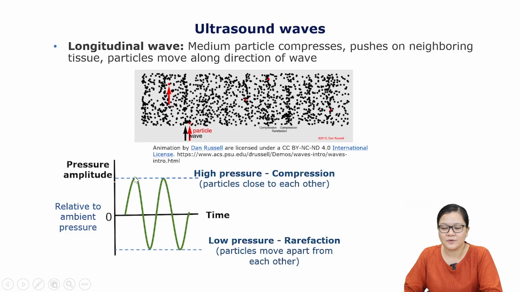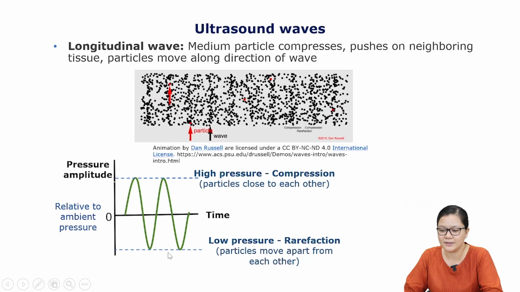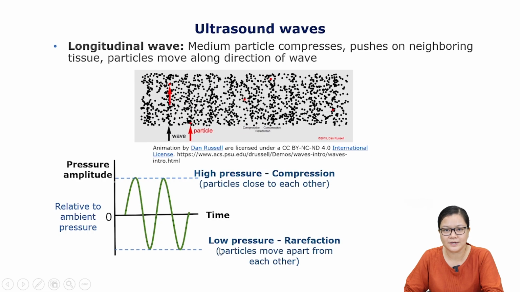So the amplitude of ultrasound is defined by its pressure right here. The regions where there is high pressure, where the particles are close to each other, again, are called compression. And the particles that move away from each other, in terms of low pressure, is called rarefaction.